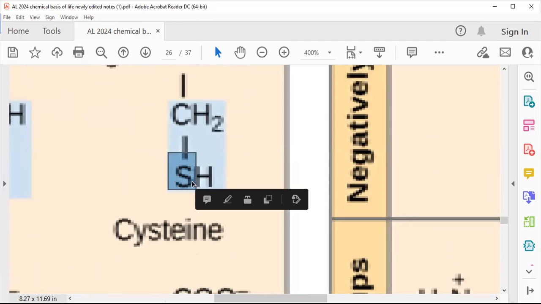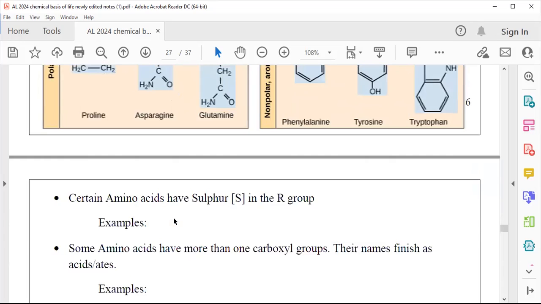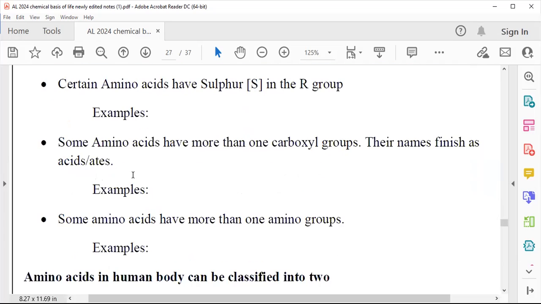What is the special atom? Sulfur, right. Now, I am asking you these questions. Certain amino acids have sulfur in their structure.